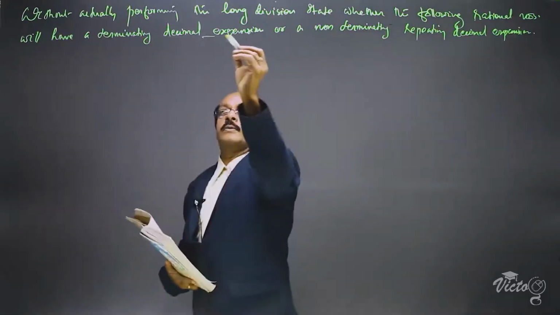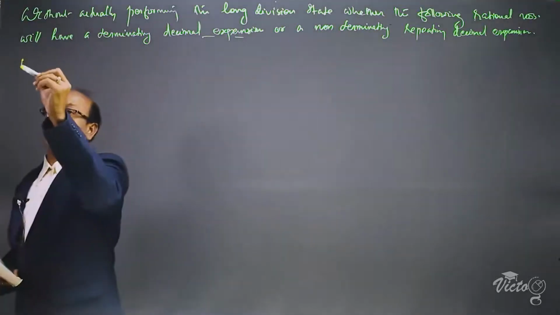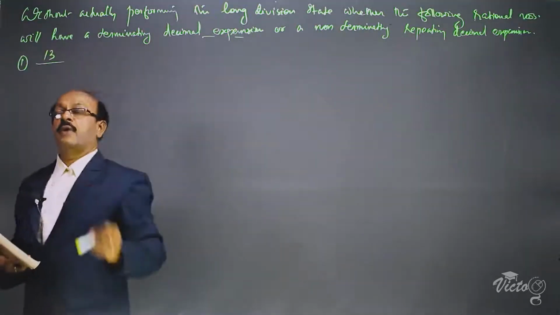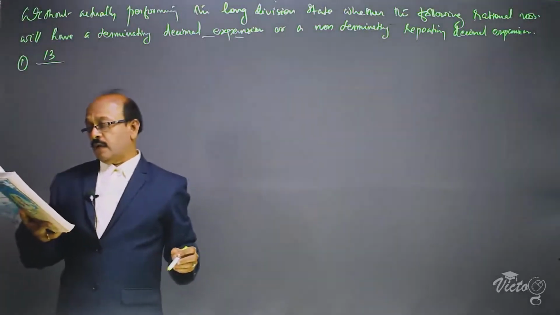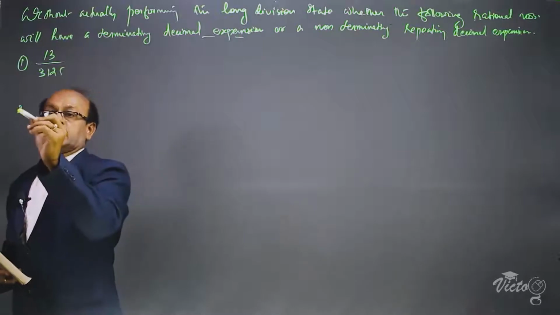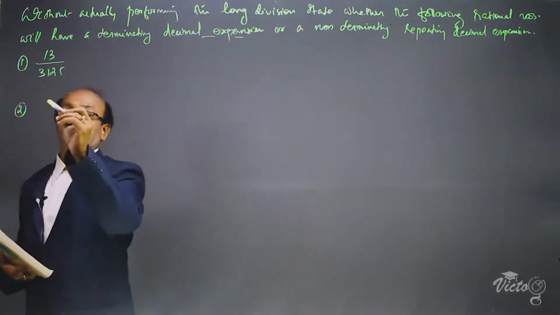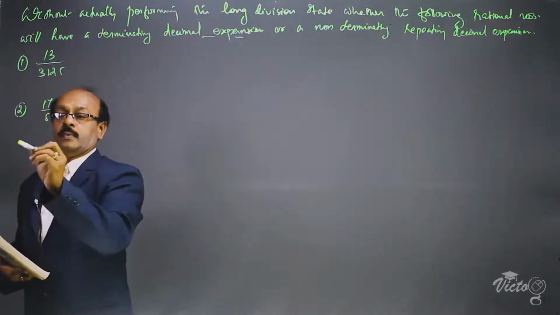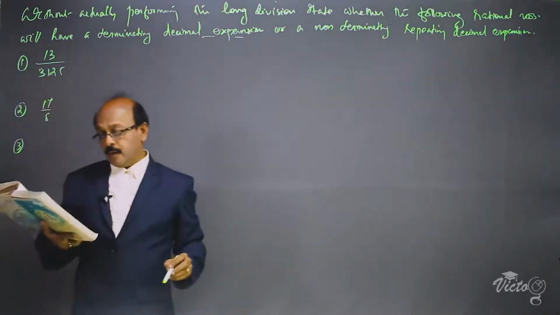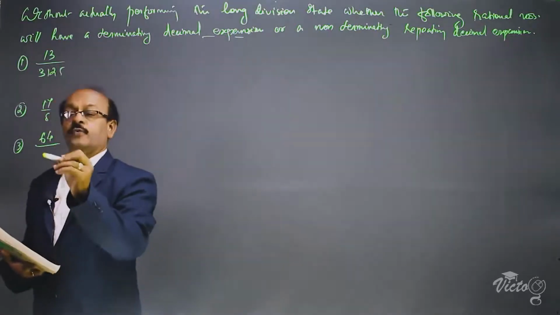This is the question. First one is 13 divided by 3125. Second one is 17 by 8. Third one 64 divided by 455.